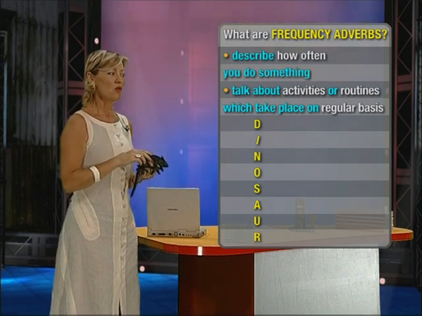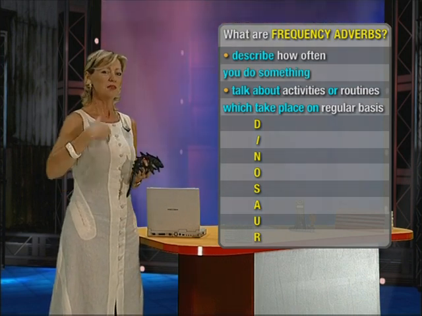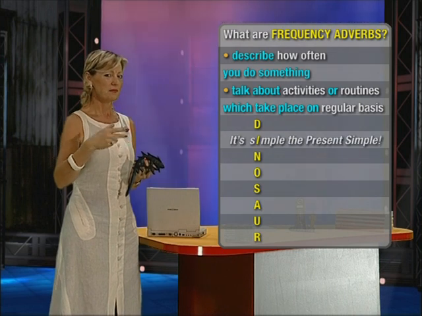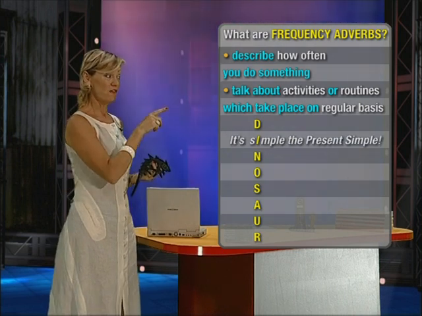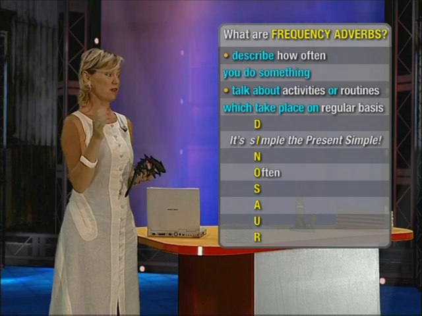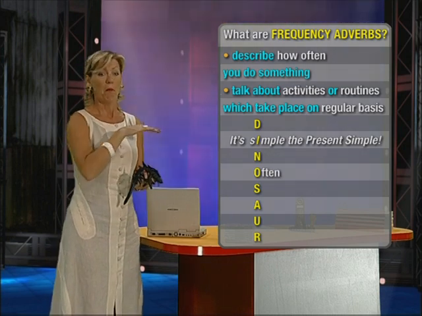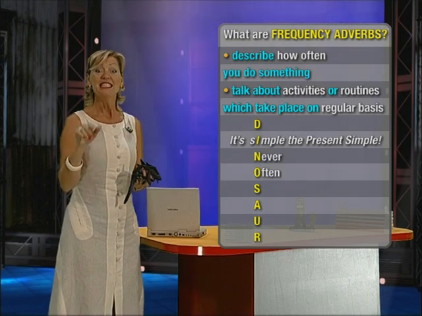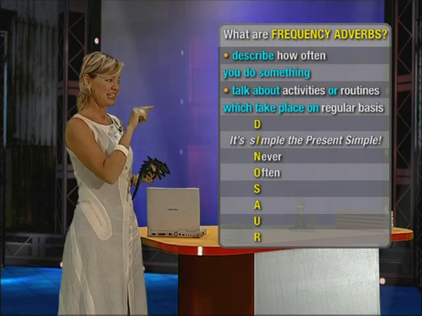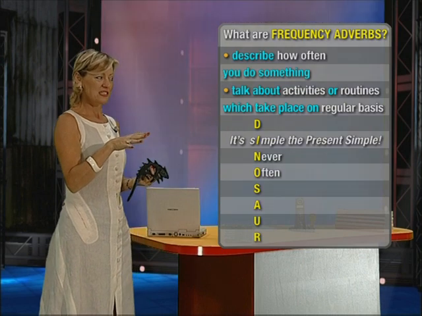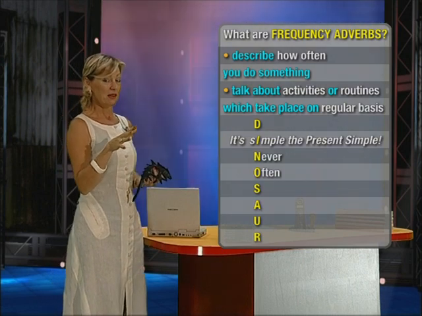What do you think O is when you do something a lot? Yeah, often. O is often. What about N? When you do... N is never. Good. N is never. What about A?